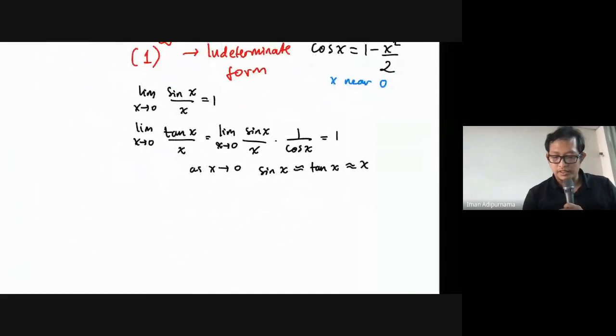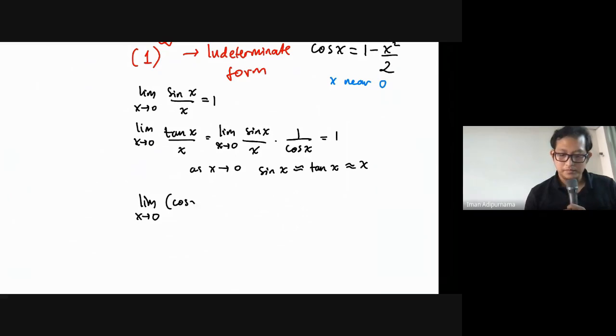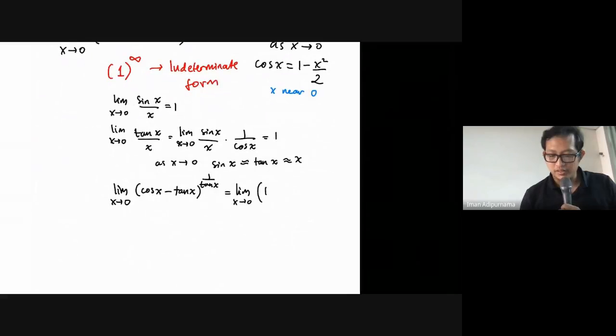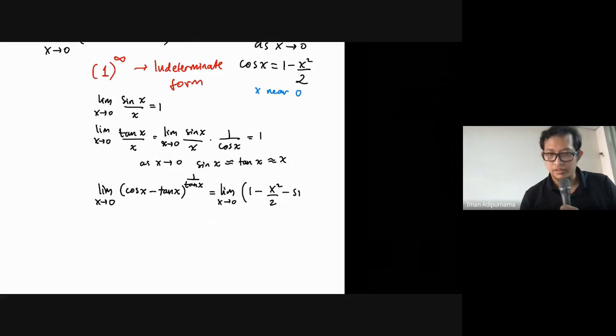So we can also change the limit, and this is true and doable in most trigonometric limits. We can change cos x to become 1 minus x squared over 2, and tangent x becomes x, sorry, and tangent becomes 1 over x.